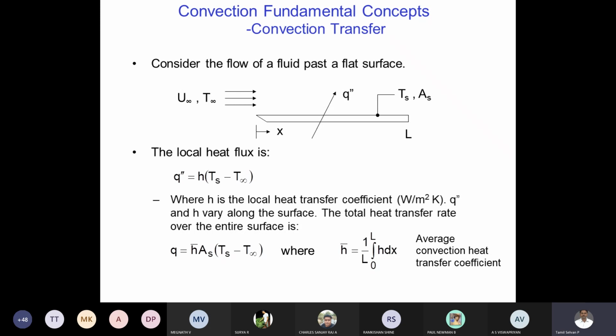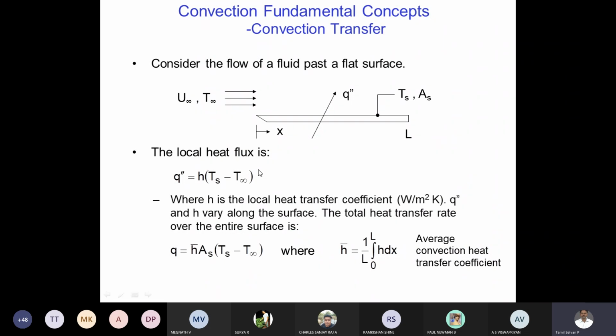Whenever you are asked to find the heat transferred, you should use h bar into Ts minus T infinity, which is equal to q. The average heat transfer coefficient you have to find out. The local heat transfer coefficient is specific to a particular point.